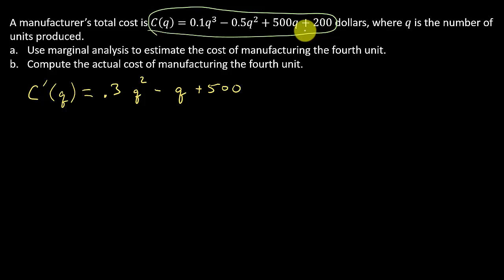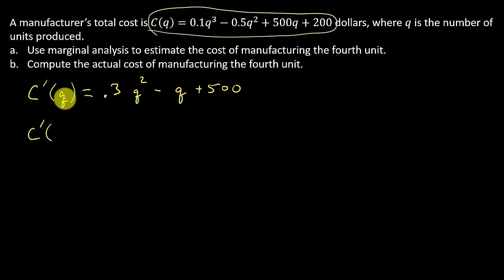All right, so now to find the marginal cost, that would be C prime. We want to know the cost of producing the fourth unit.